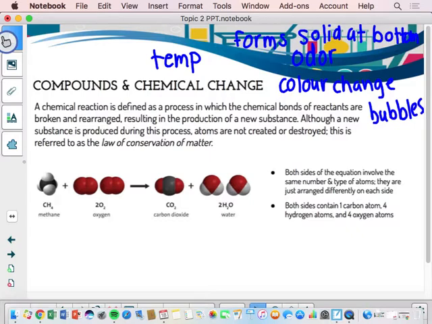So anyway, back to this. It says, although a new substance is produced during this process, atoms are not created or destroyed. This is referred to the law of conservation of matter. So this is a law or a rule in science called the law of conservation of matter. And you've probably heard of it before, maybe. Nothing can be created nor destroyed. Even when we die, right, we're not destroyed.